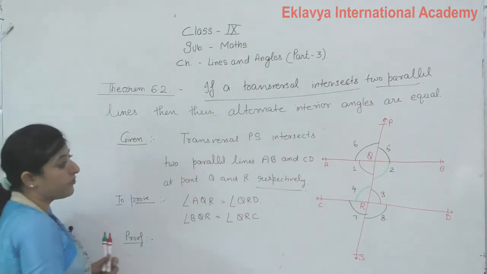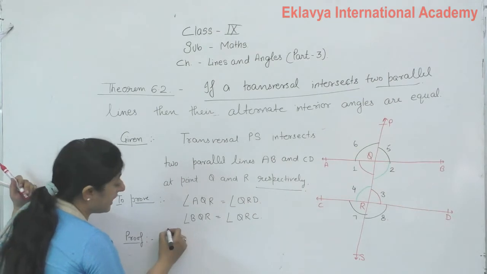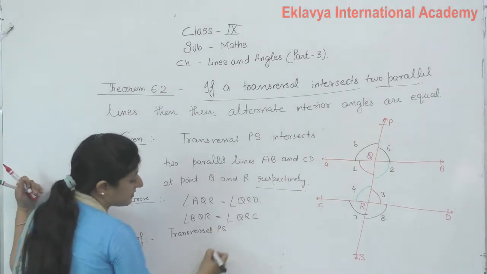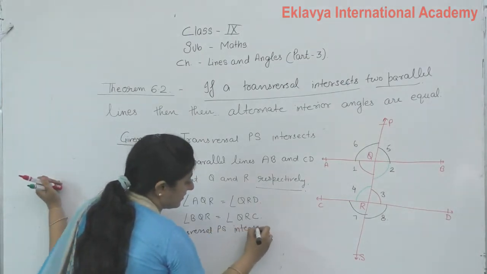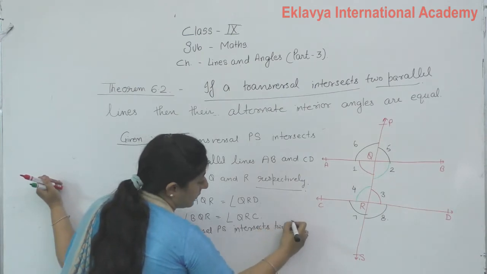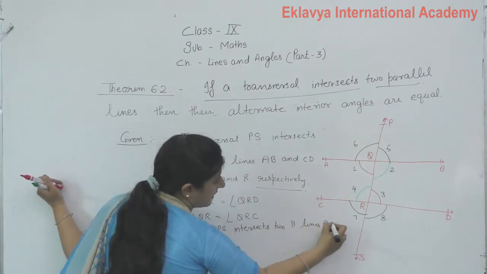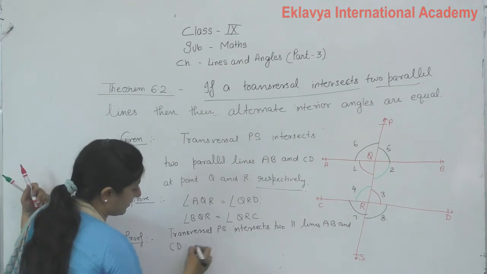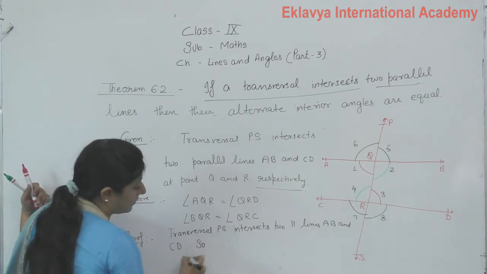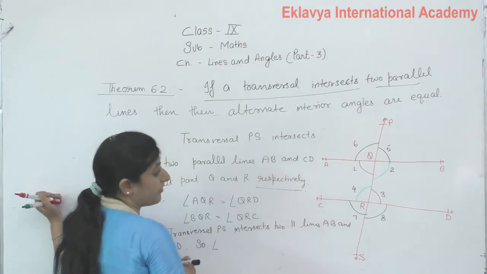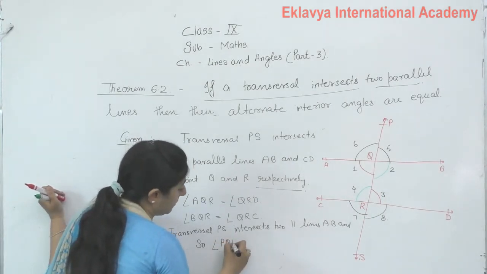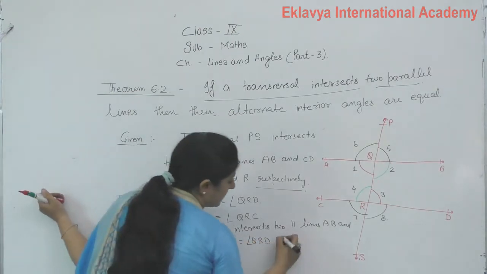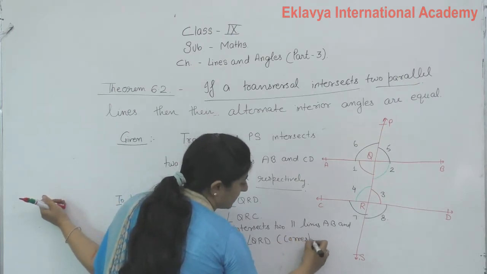So we write down in the proof that transversal PS intersects two parallel lines AB and CD. So angle 5, whose name is PQB, is equal to angle QRD, reason: corresponding angles.